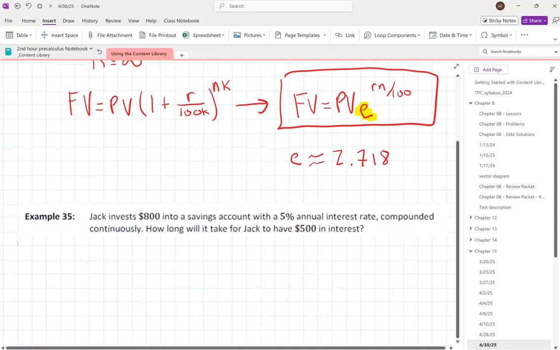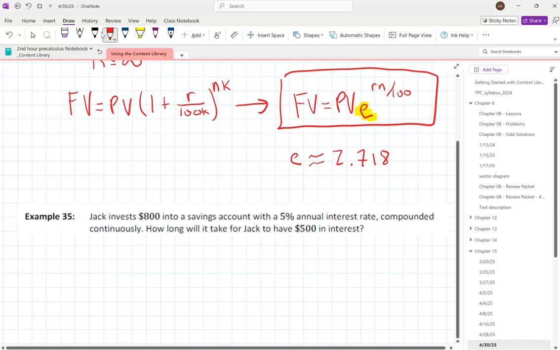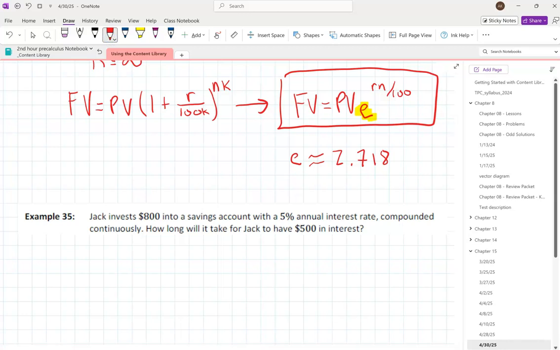It says that Jack invests $800 into a savings account with a 5% annual interest, compounded continuously. So as soon as I see that, I know that I'm going to be needing to use my continuously compounding interest formula. How long will it take for Jack to have $500 in interest?